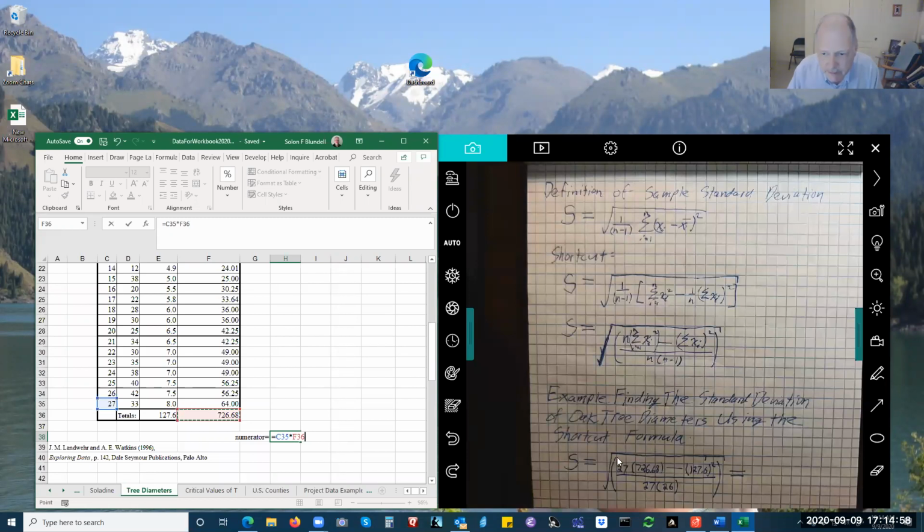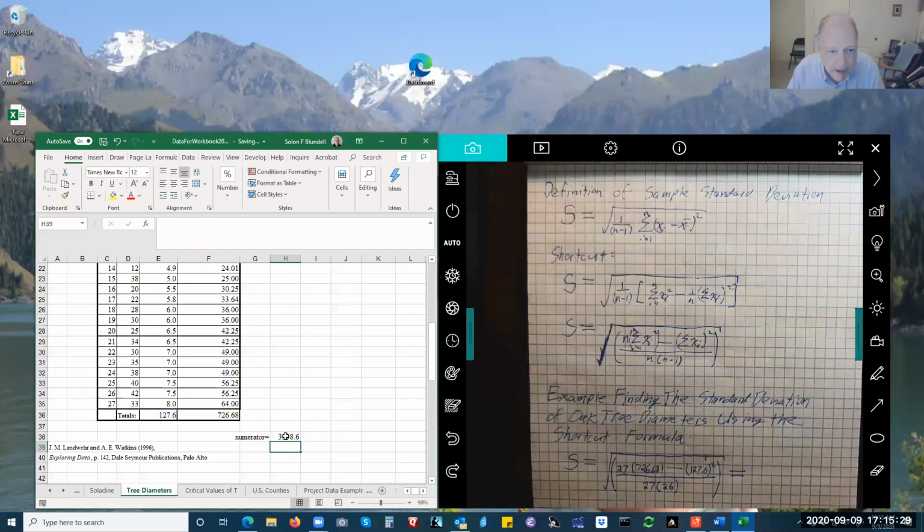So I do the 27 times 726.68 and then subtract this thing squared. I don't really need the parenthesis, but here. Okay, there. So that's the numerator.